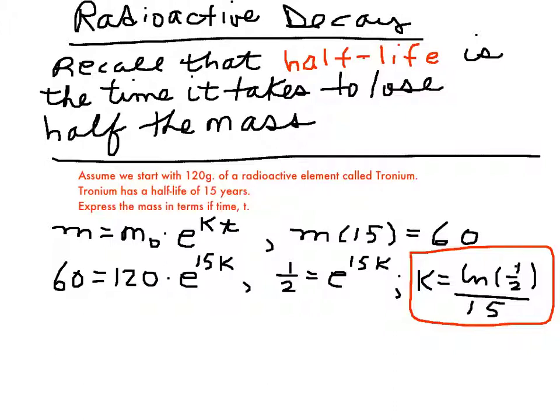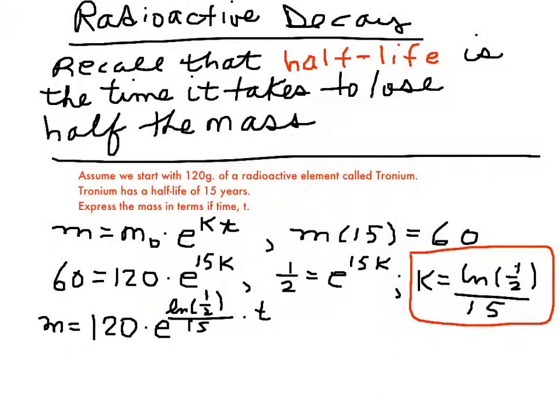So what we want to do now is substitute. And so what we have is M is equal to 120 times e to the ln of 1/2 over 15 times t.